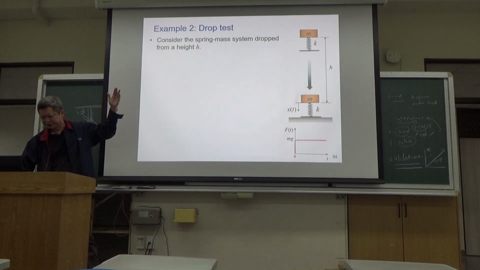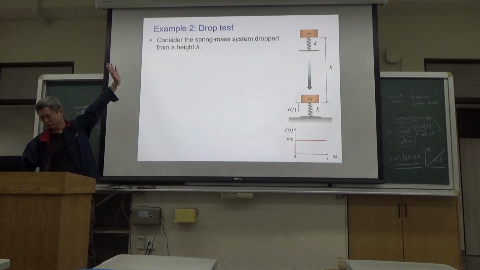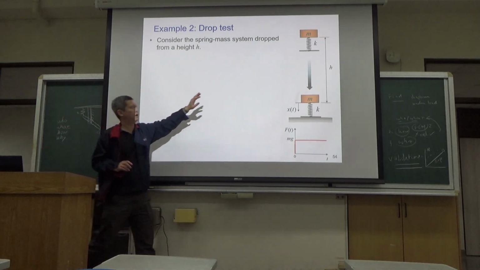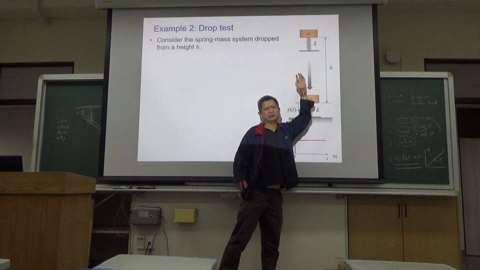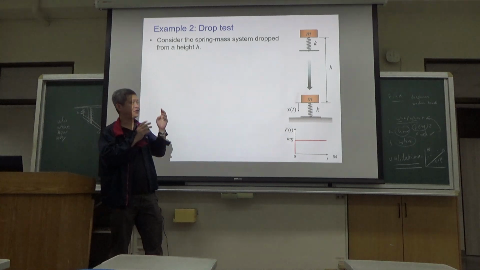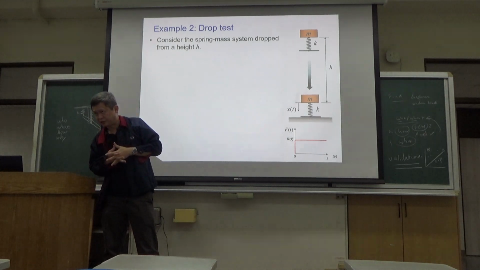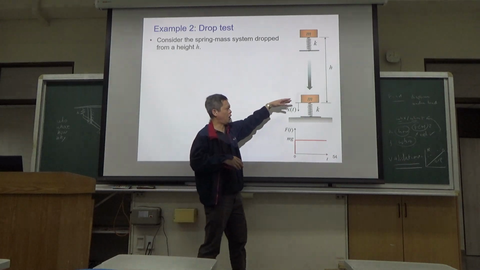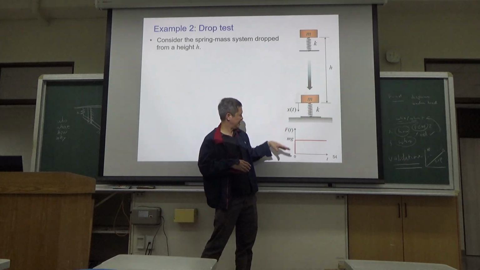And then you can focus. In the end, there is no force acting on the mass and the spring. What you calculated in the previous ANSYS and experiment is the stiffness. So this is all static. But when it comes to shock, it is a sudden landing.